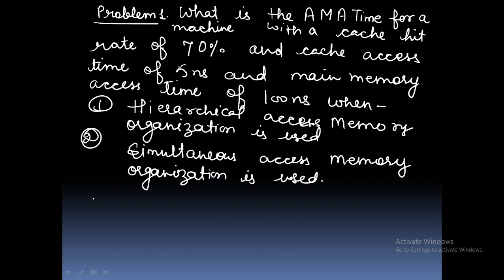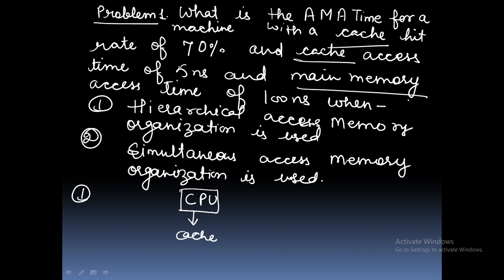For this, first of all, you have to be clear what things are given. According to the first point, CPU and cache memory, you can see here cache and main memory.